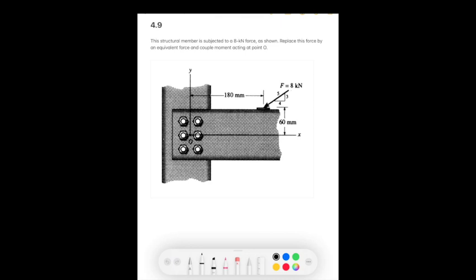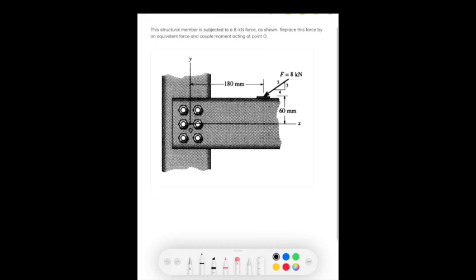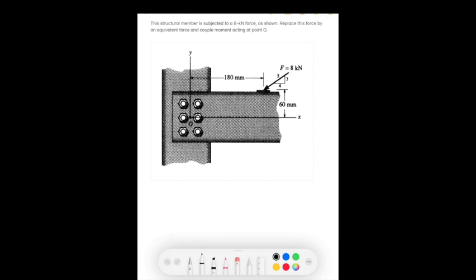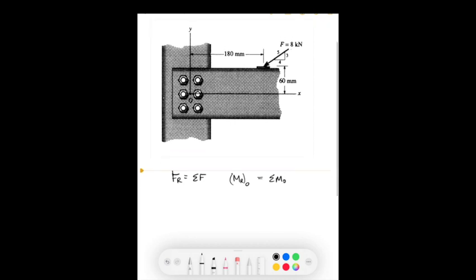So in this first example, we see that there is a force acting on this beam, and we want to find the equivalent system, same force and moment that is equivalent to what we see here about the point O. So we know that in any case an equivalent system is that the resultant force is equal to the sum of the forces, and that the resultant moment about the point that we choose, point O, is equal to the sum of the moments about O. Well, the sum of the forces is quite easy.